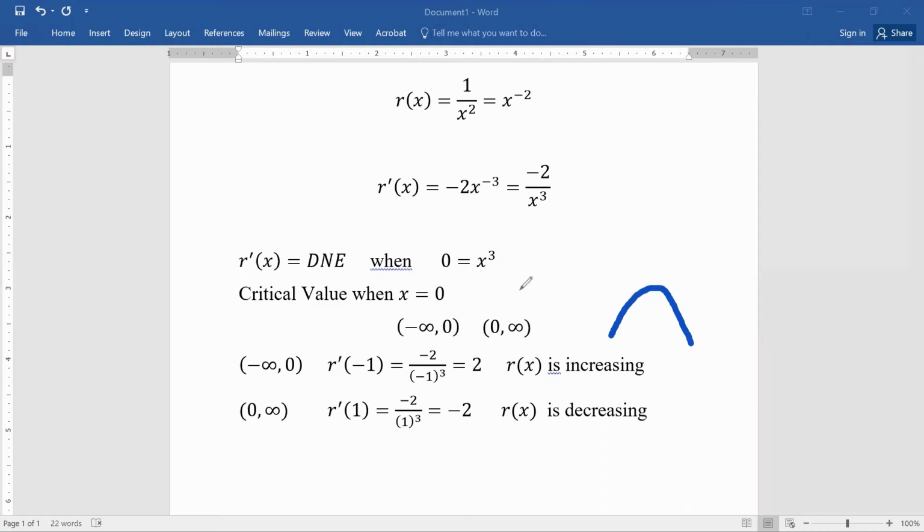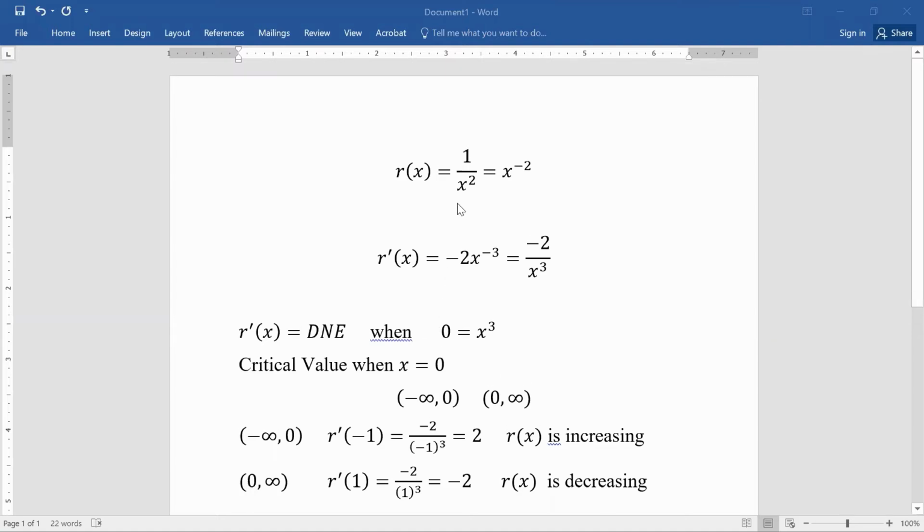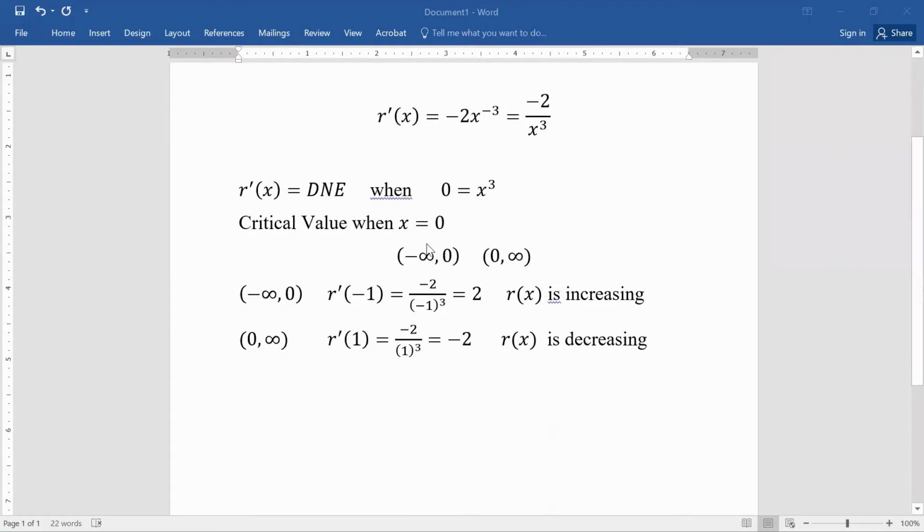It turns out we don't have a maximum value at x equals 0. The reason we don't have a maximum value at x equals 0 is because if you look at this r of x, we actually end up with an asymptote at x equals 0.